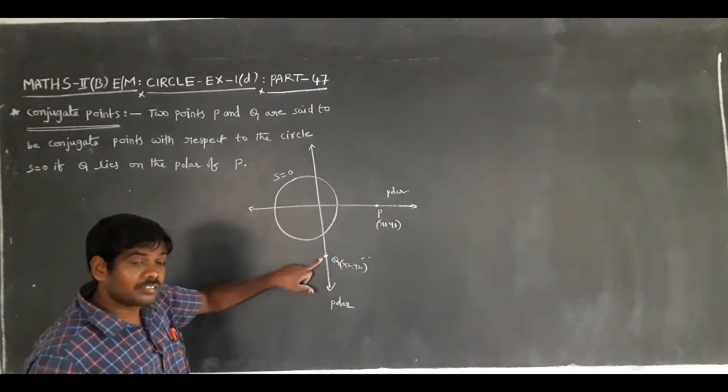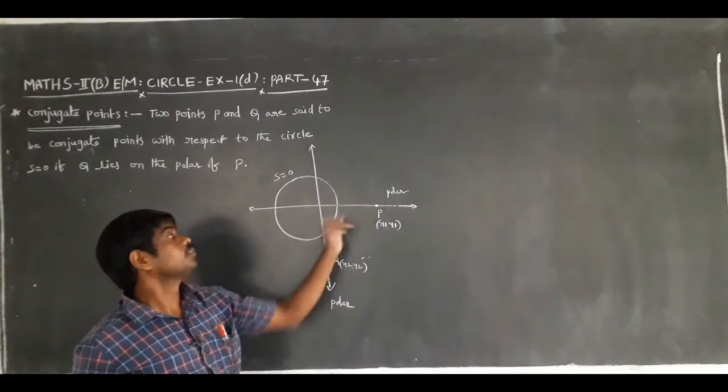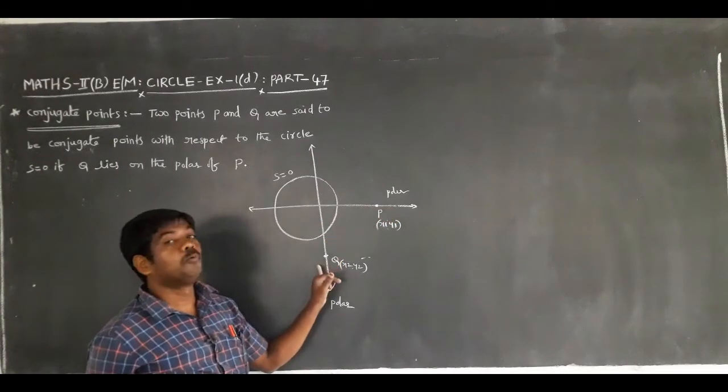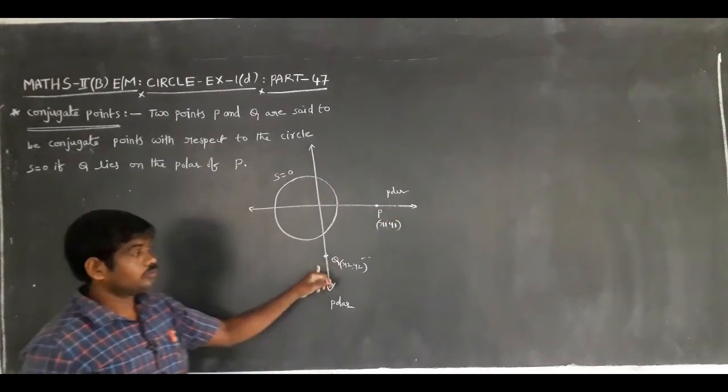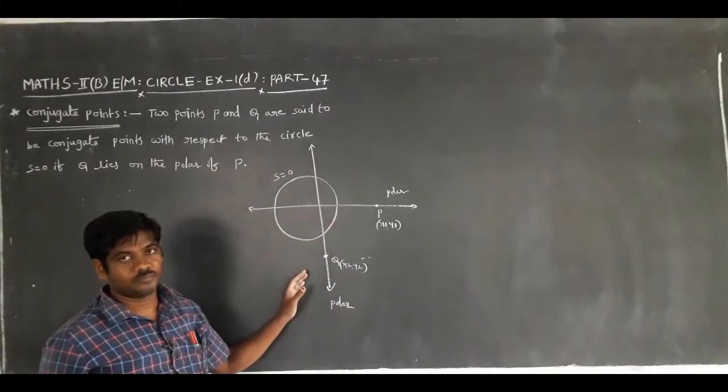Q lies on the polar of P and P lies on the polar of Q. Here P, Q are conjugate points.